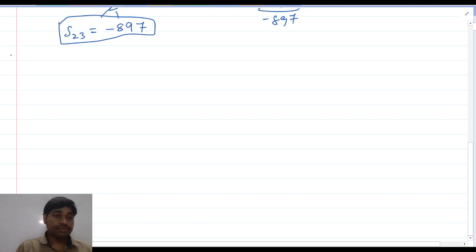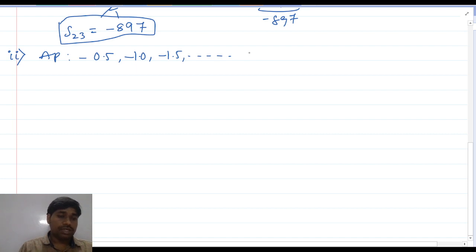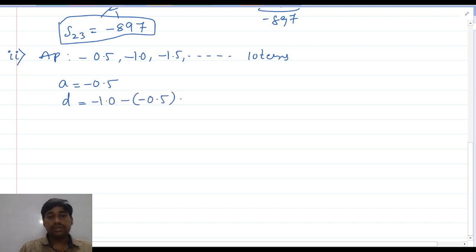So a is equal to minus 0.5, and d is equal to minus 1.0 minus of minus 0.5.